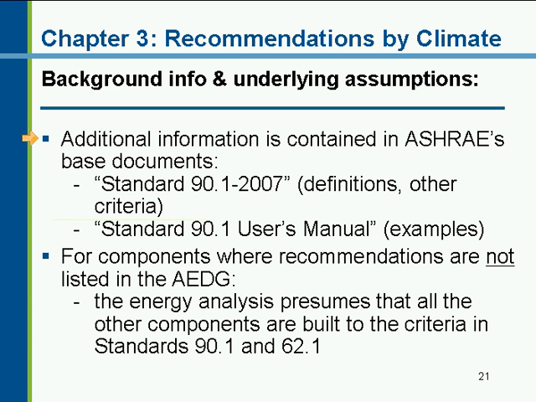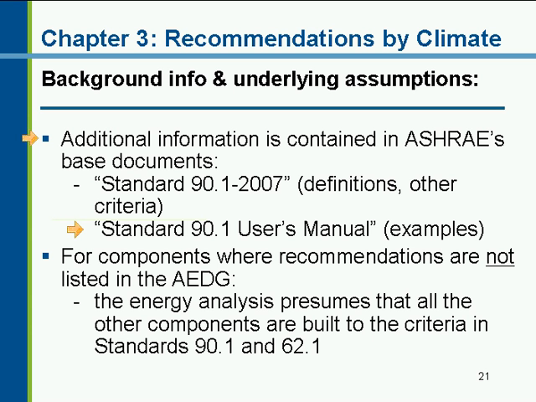And also there's the user's manual that accompanies Standard 90.1, and one of the benefits of this is that it explains the criteria a little more in Standard 90.1, but it also has different examples. So you're not just reading the dry language, you get a much better sense of what the intent is here and how to apply things. So those are both good documents to have when you're working with the AEDGs.